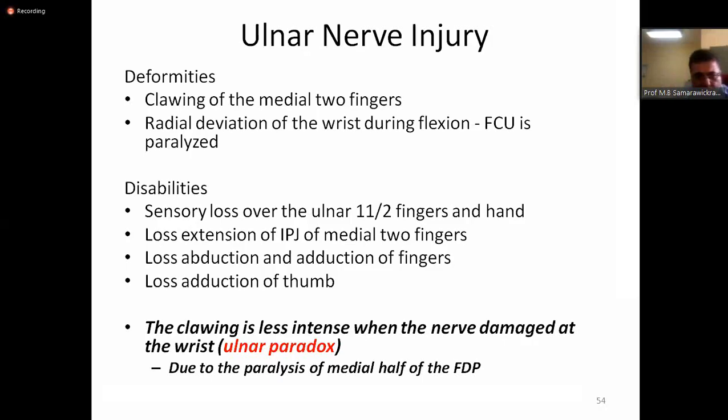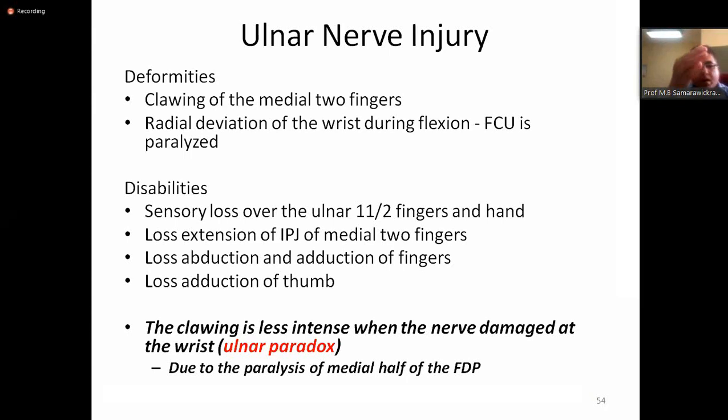You need not learn all these by heart, because you know the ulnar nerve and its function. What are the muscles supplied by the ulnar nerve? What is the area supplied by the ulnar nerve, the sensory supply area? Then you can work out what can happen if the ulnar nerve is damaged. For example, it supplies the adductor pollicis.